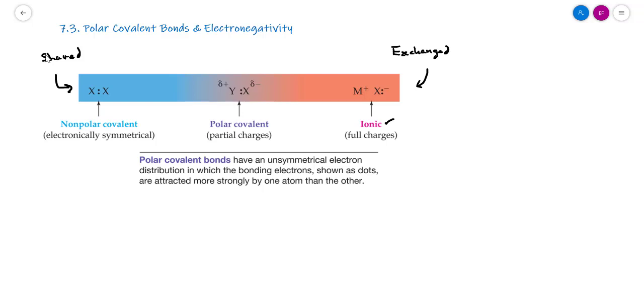So you can have things that are completely covalent, which would exist over on this far left extreme. And you could have bonds that are semi-ionic, semi-covalent, and everywhere between, until they reach this completely ionic character where electrons are completely donated from one to the other.